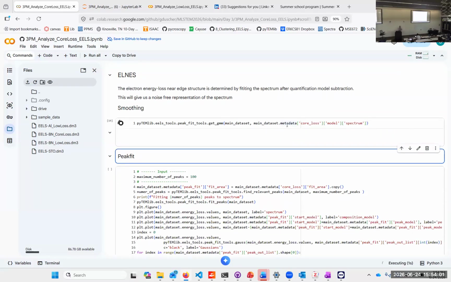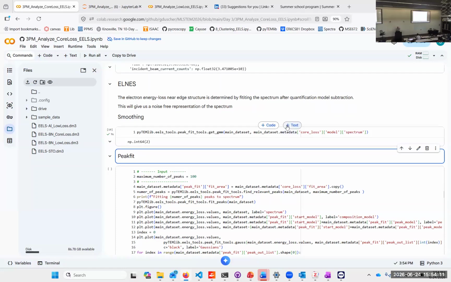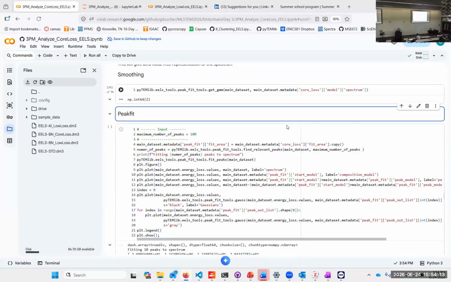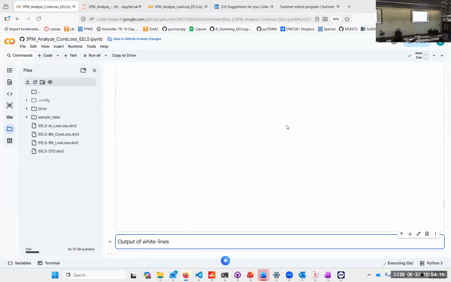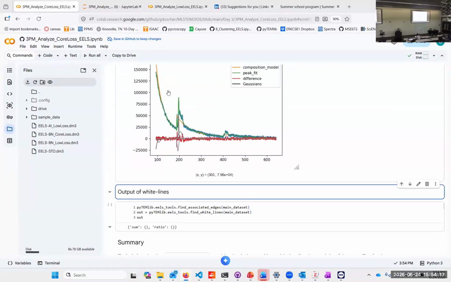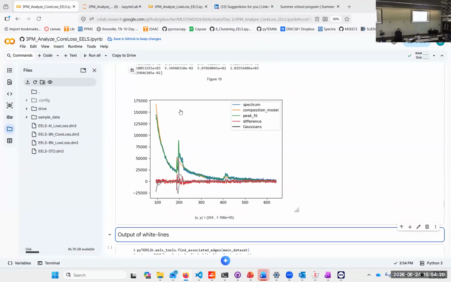We just subtract from the spectrum whatever we fitted, and then to that we fit peaks, Gaussians. And if we look at that peak fit, there's just a few of them.